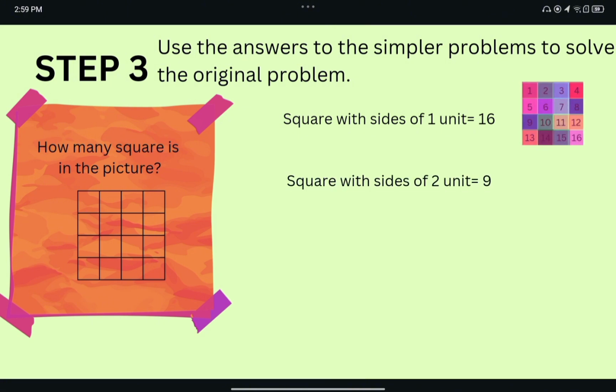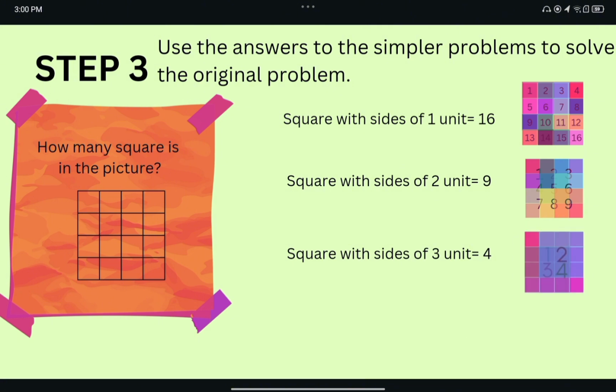Squares with sides of 2 unit is equal to 9. Squares with sides of 3 unit is equal to 4. And squares with sides of 4 unit is equal to 1.